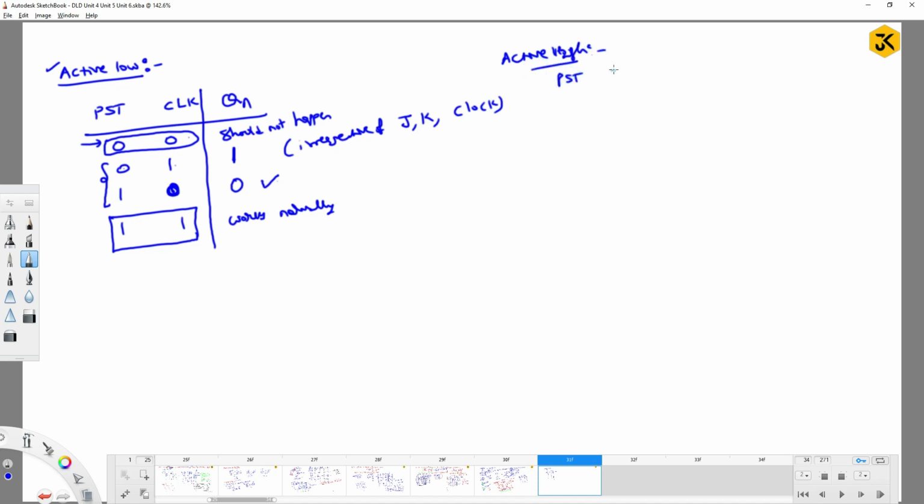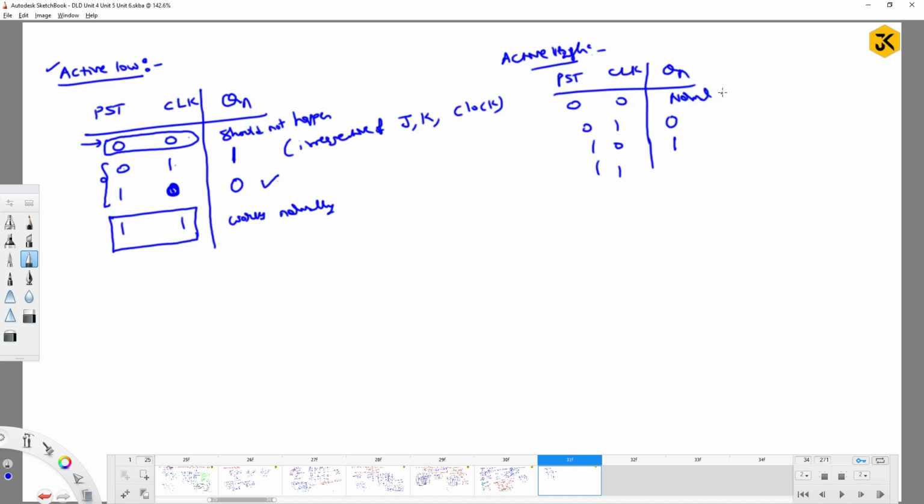So PST and clock: 0 0, 0 1, 1 0, 1 1, and it will be QN. It is just exactly opposite to the active low state, right? So when it is 0 1, here it will be 0, because it acts as 1 0 now. For 1 0 it will be 1, good. For 0 0 it will be the normal state.